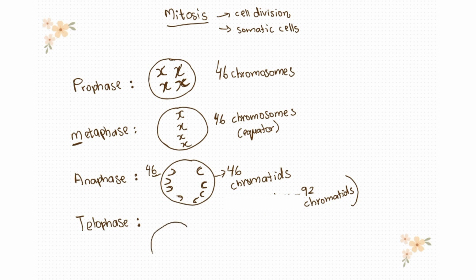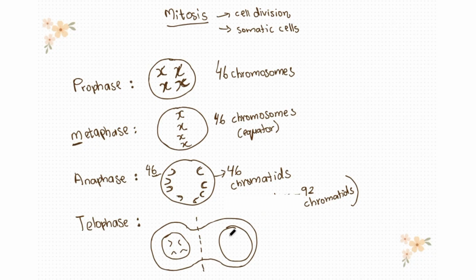So telophase is when the chromatids officially go to each end. They're already at the ends, but you see the membrane's already forming there. The chromosomes we saw previously are already at the opposite poles, but now the nuclear envelope has formed, and the chromosomes are going to slowly uncoil back into chromatin.